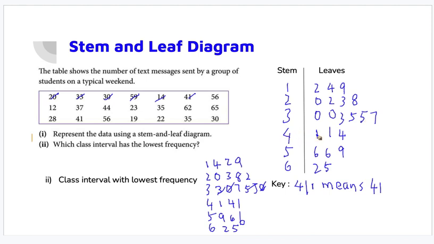The class interval here, 41 to 44, and 56 to 59. So there are 6 class intervals. And the class interval with the lowest frequency, the least number, is this class interval, which is 62 to 65.